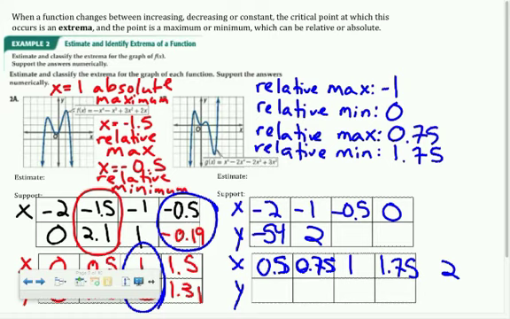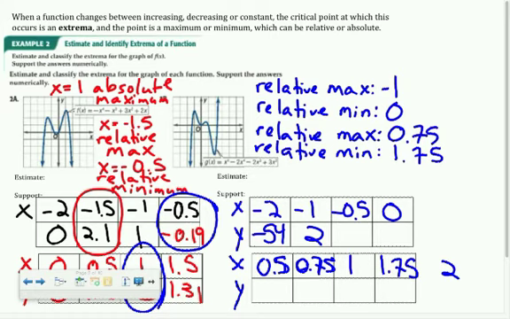We have -0.5 to the 5th power minus 2 times -0.5 to the 4th power minus 2 times -0.5 to the 3rd power plus 3 times -0.5 squared.